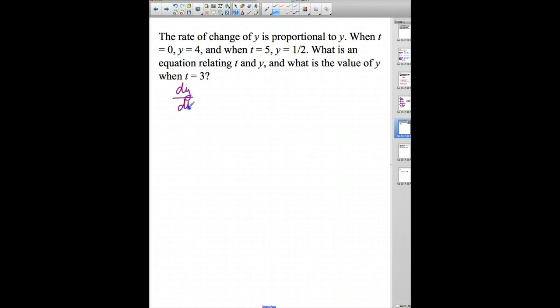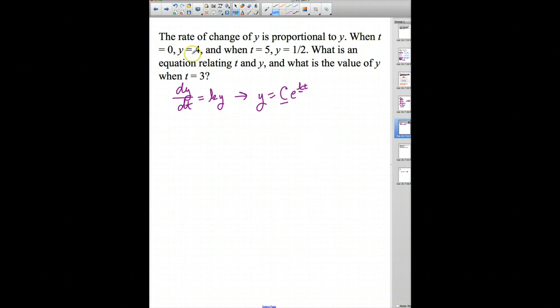But when we solve that differential equation, we know we end up with this. So now we can use that solved differential equation, plug in the values they give us, and find the value for C and the value for k, because those are the two variables we don't know.